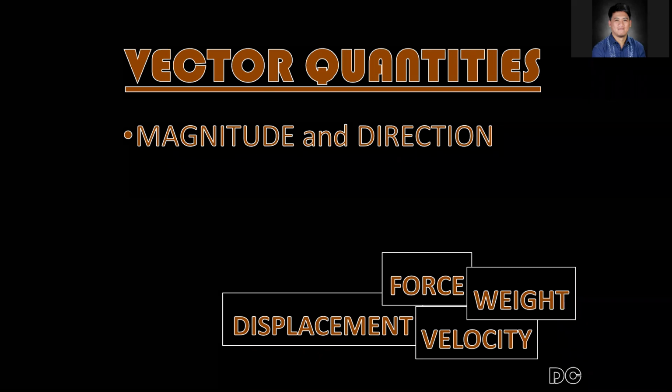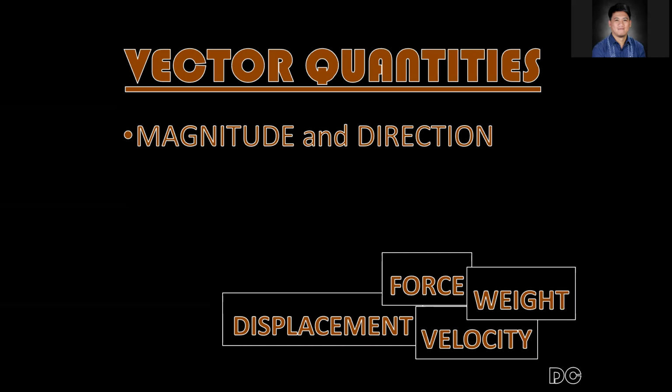As a recap, to differentiate vector and scalar: scalar only has magnitude and no direction, while vector has magnitude as well as direction.